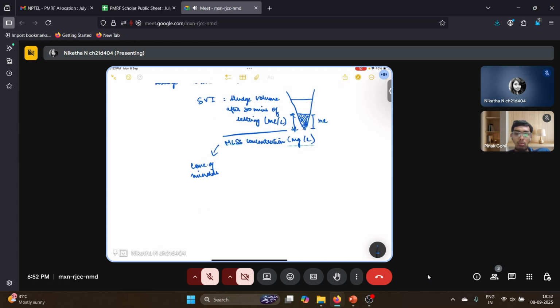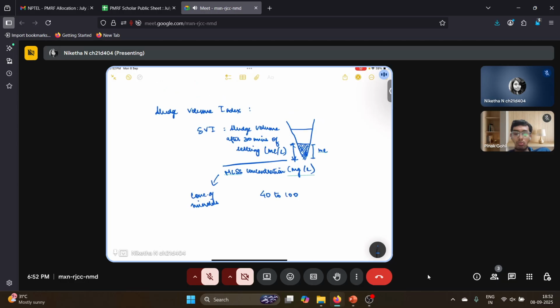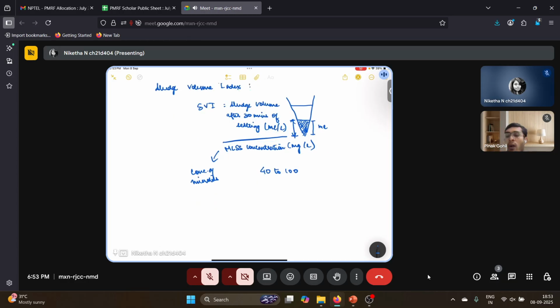For a good sludge, the SVI should be 40 to 100. What that means is your sludge volume should be low, whereas the MLSS or the microbe concentration should be high. Why is this necessary? This means the amount of dead bacteria will be less compared to the amount of live bacteria. And if your SVI is more than 200, then the sludge is poor.